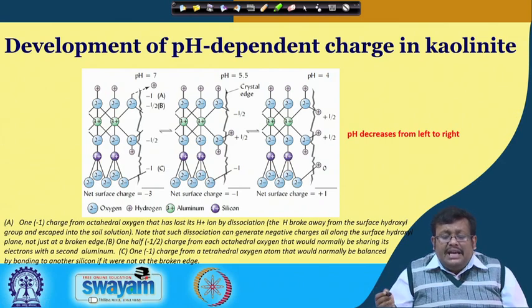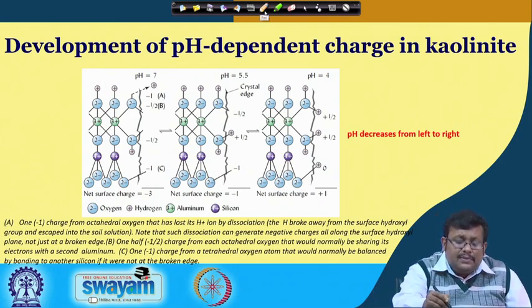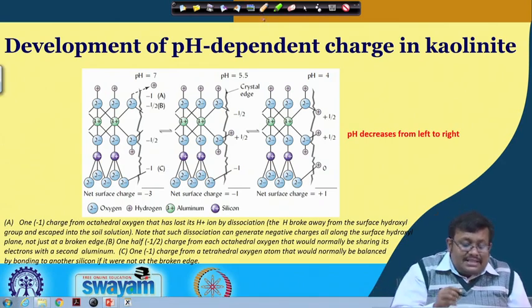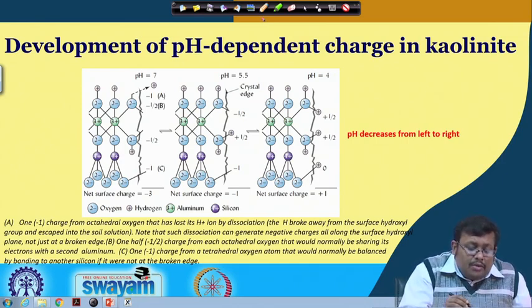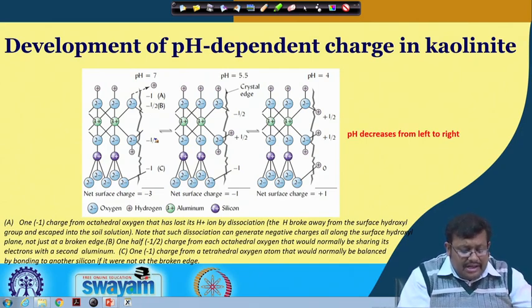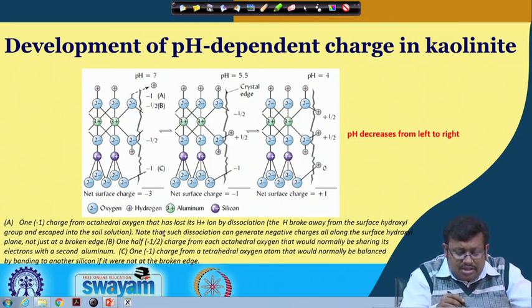So, development of a pH dependent charge in kaolinite is a specific example. Let me show you. This is a 1:1 type of layer, and in this layer, one charge from octahedral oxygen has been lost as hydroxyl. So, you can see one hydroxyl is getting lost from here, and we are getting a net surface charge of -3.